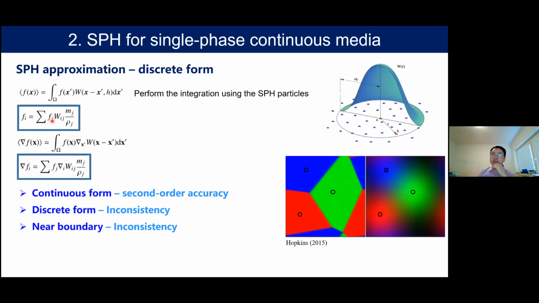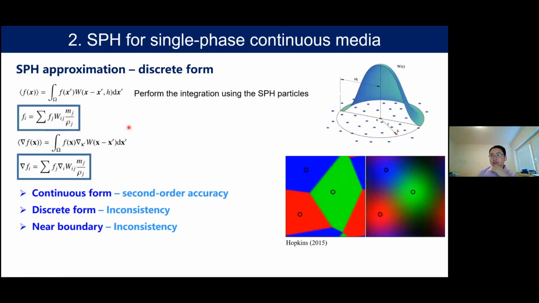So it's similar here. You can see that this one is the function value, this one Wij is the kernel function, and here is a volume, which is this dx part. So this Wij times mj divided by rho j is a kind of weighting function or shape function, if you consider it from a finite element point of view.